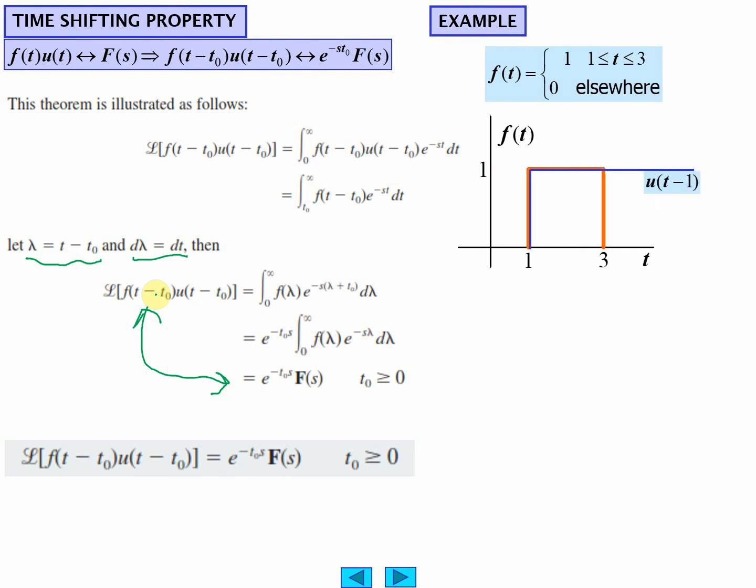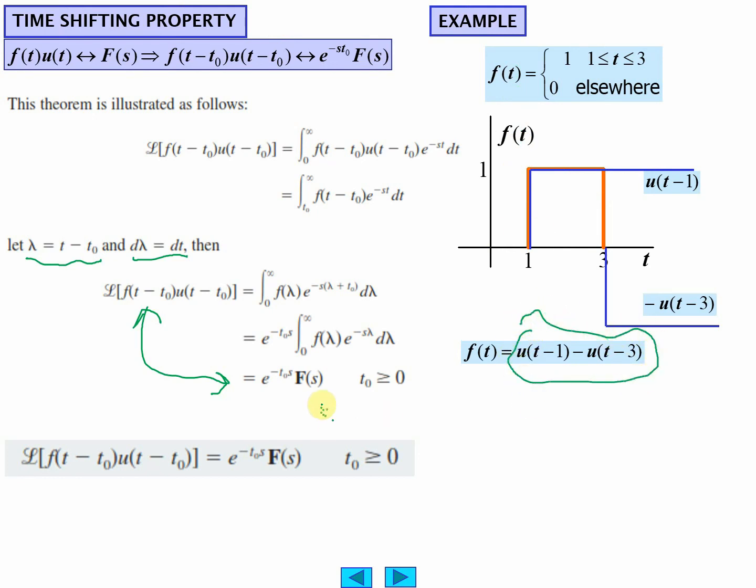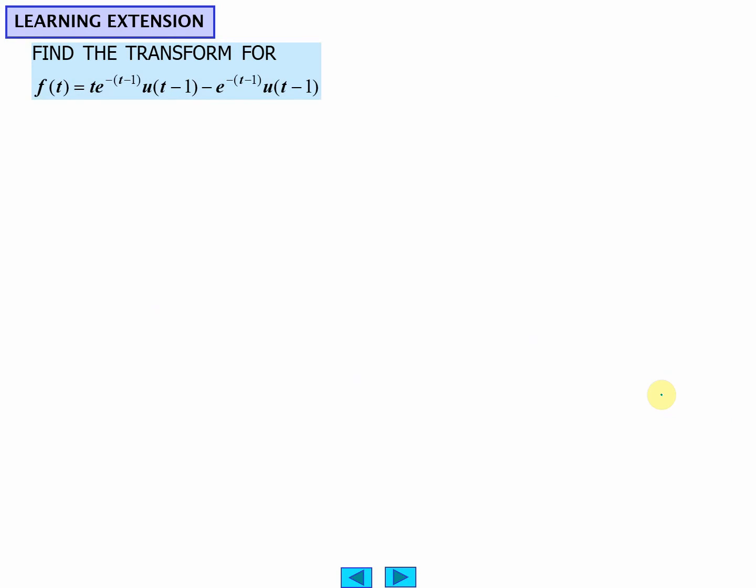So you'd have the transform of this. So you have the two step functions. Then the transform is going to be, this is one t naught, this is a second t naught. Just crunch the numbers. It's pretty easy. So I'm going to skip over a lot of these examples.